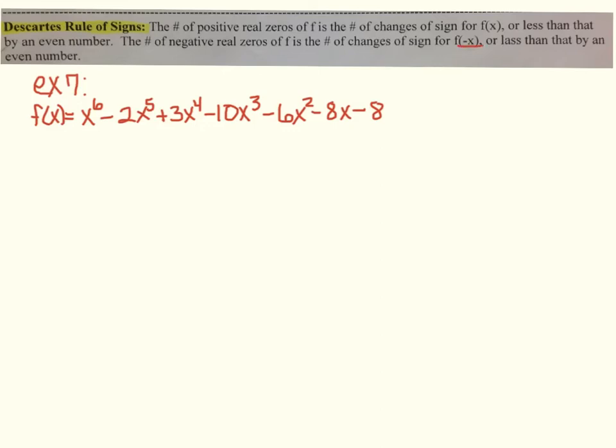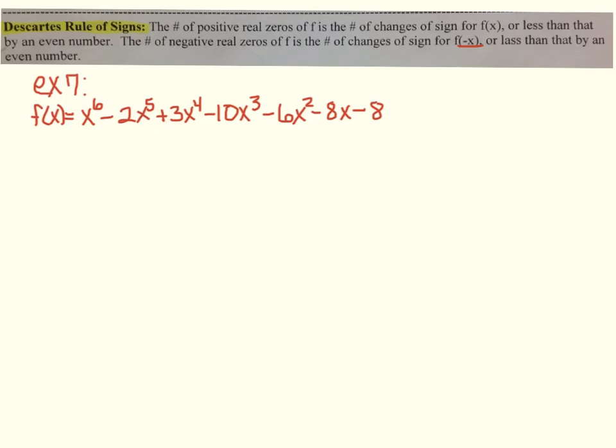So what I mean is here we've got x to the 6th minus 2x to the 5th plus 3x to the 4th minus 10x cubed minus 6x squared minus 8x minus 8. And I just want to know how many positive real zeros there are going to be. How many times is my graph going to cross on the right side without actually looking at it? So we count sign changes.